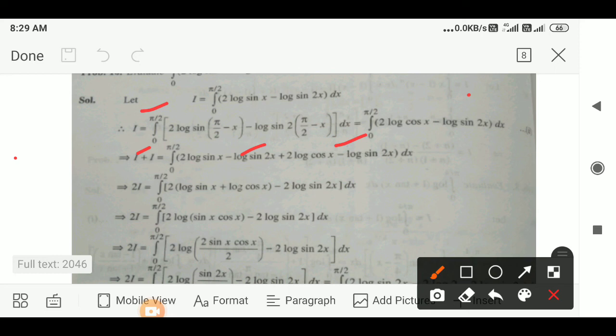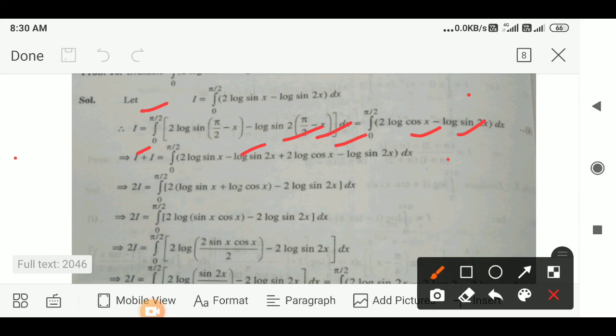Now using the property, sin of (pi by 2 minus x) is cos x, and 2 multiplied within this, you get 2 pi by 2 minus 2x, so sin of (pi minus 2x) is sin 2x.